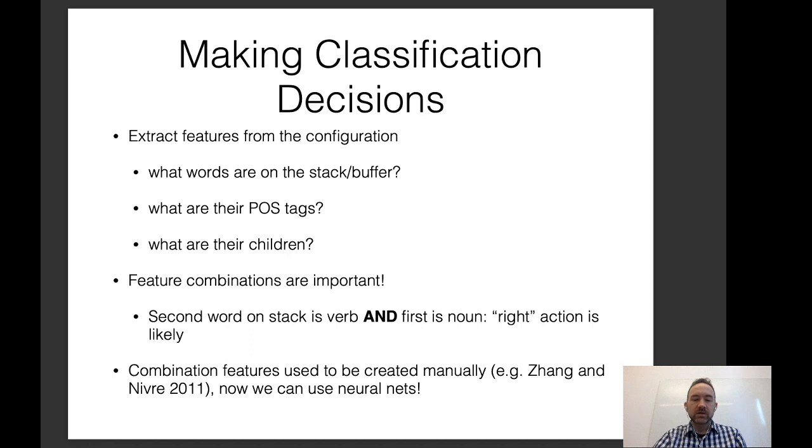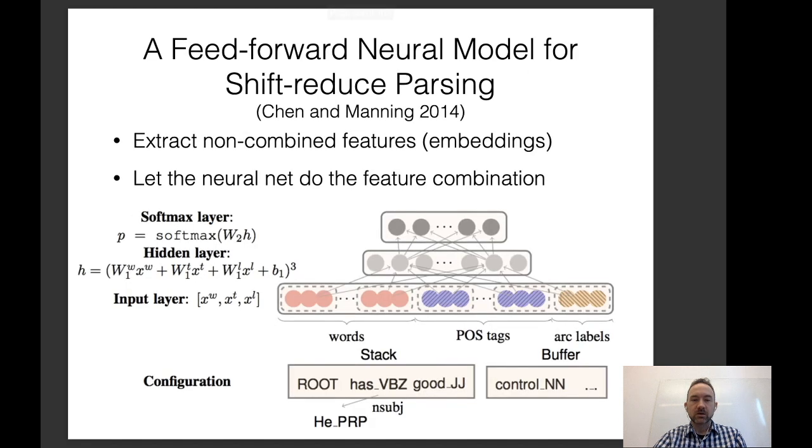Combination features used to be created manually, and you can see the Zhang and Nivre paper for the types of combination features that people created. But now we can just use neural nets. An early attempt to do this used a feed-forward neural network to feed in all of the features that were used in previous systems, like the words on the stack or the buffer, the parts of speech, and also arc labels.